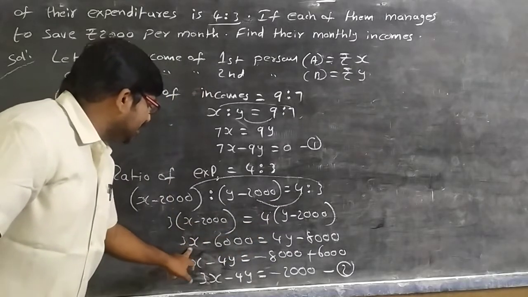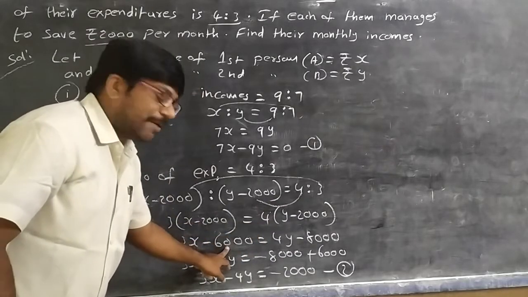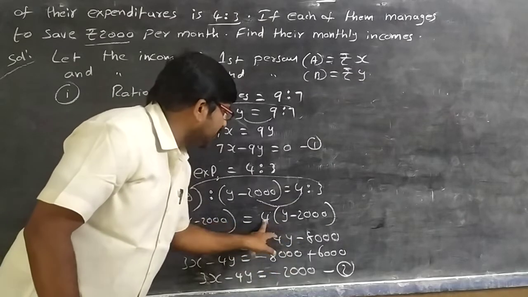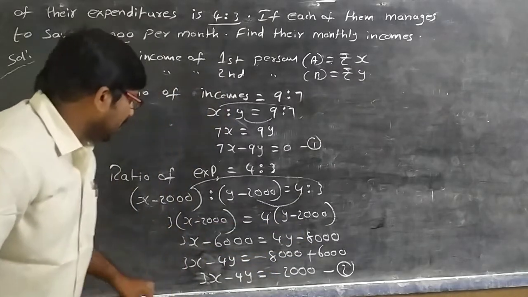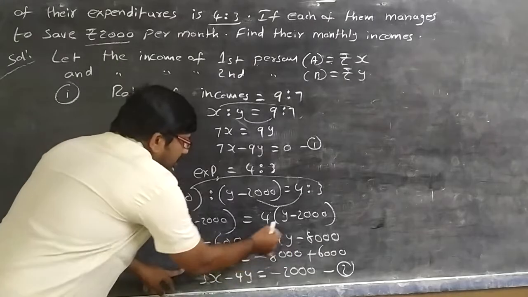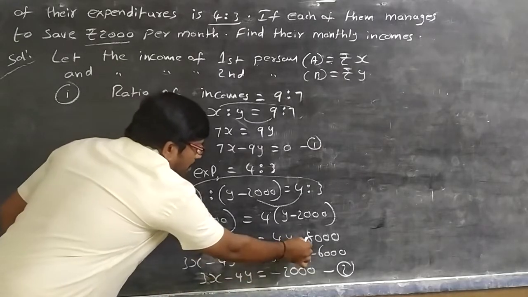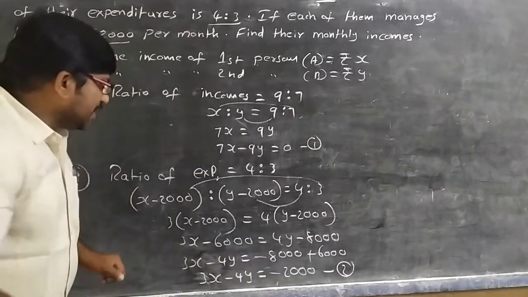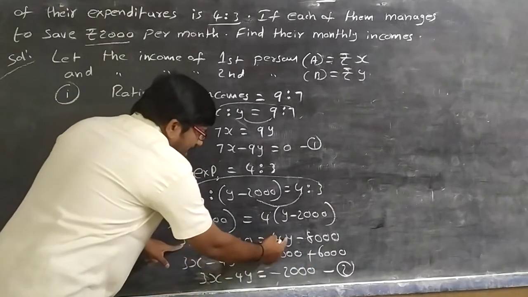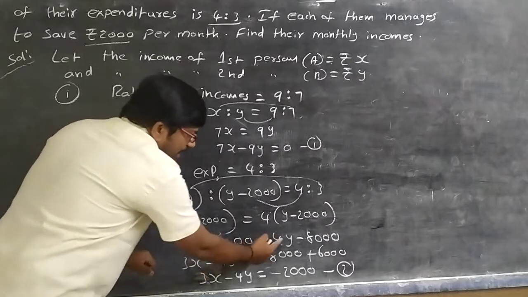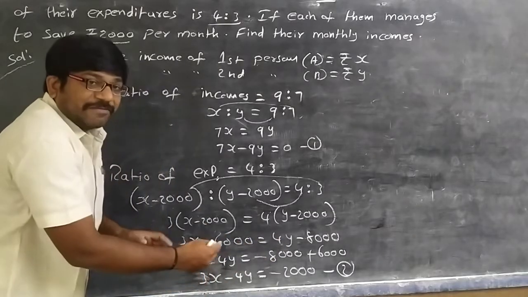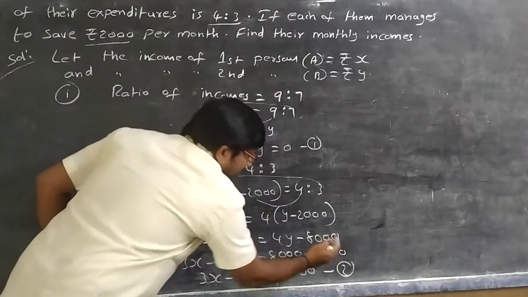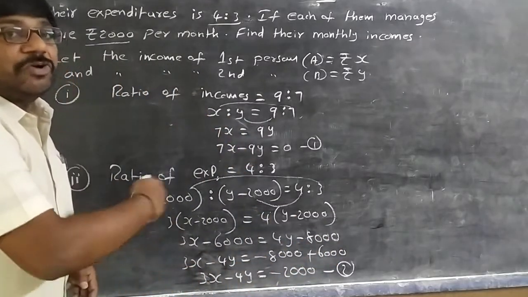3 into x, 3x minus 3 2s are 6000 is equal to 4 into y, 4y minus 4 2s are 8000. Then 3x minus 4y is equal to minus 8000 plus 6000, right? Here separating variables, 4y will become minus 4y after taking from right to left, and minus 6000 will become plus 6000 after taking from left to right.